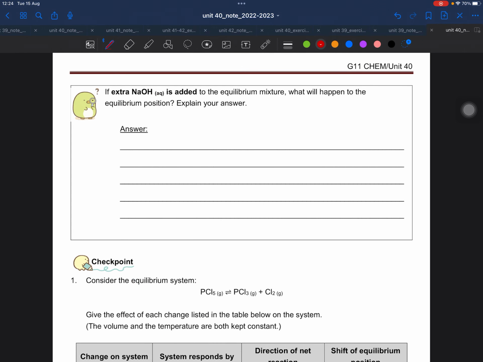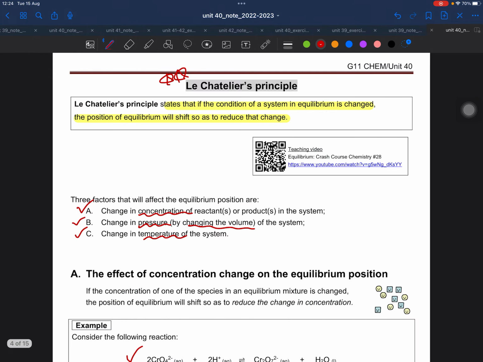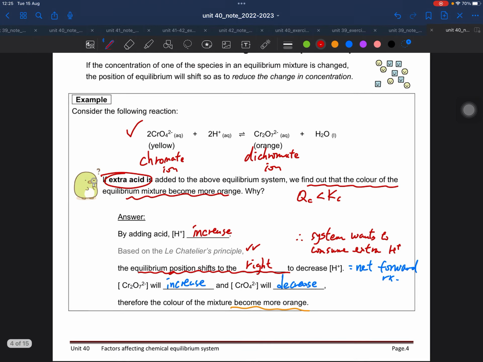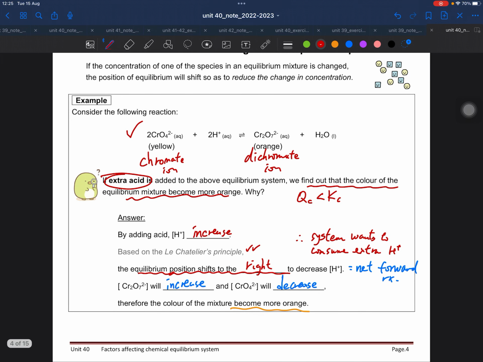Well, next one. So what if NaOH, sodium hydroxide, is added? Now, with the same idea, if you add alkaline, then there will be neutralization, right? So use our arrow. This time, hydrogen ion will be consumed.